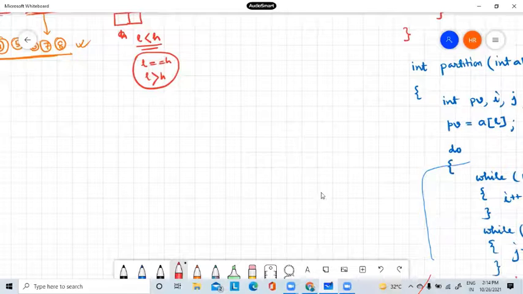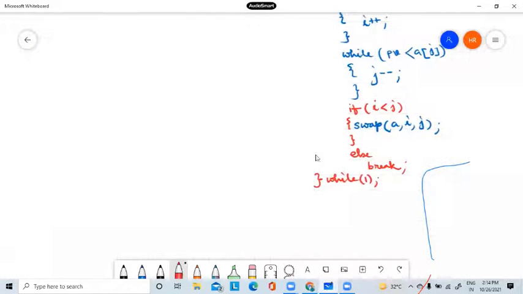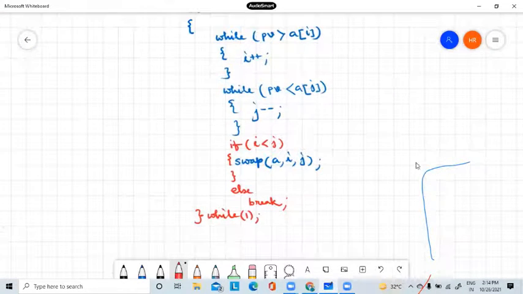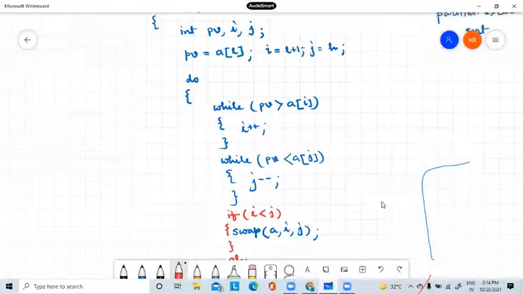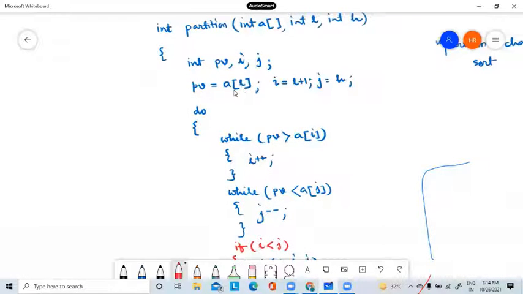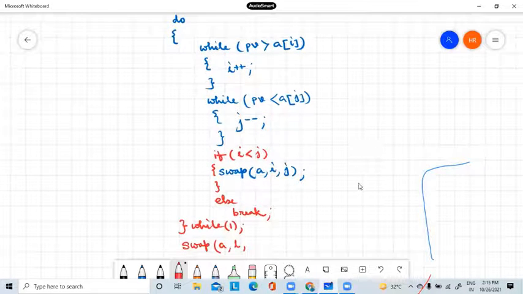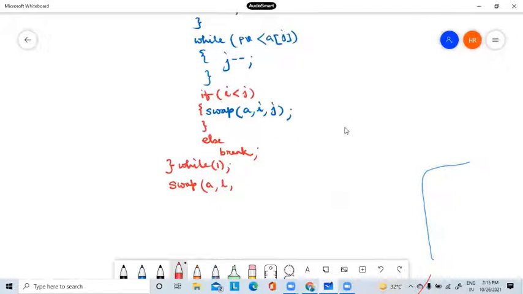So after getting out of this do while loop, I will perform another swap operation between A of l, since the pivot is chosen as the lth element, and A of i minus 1.